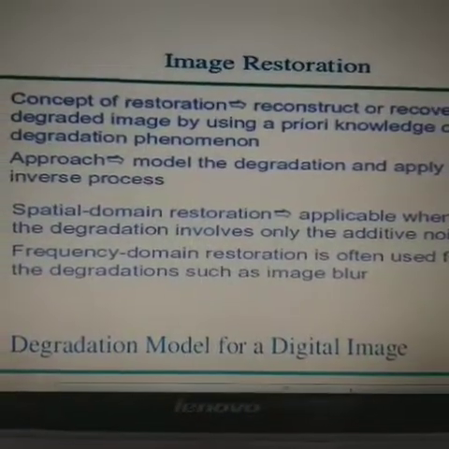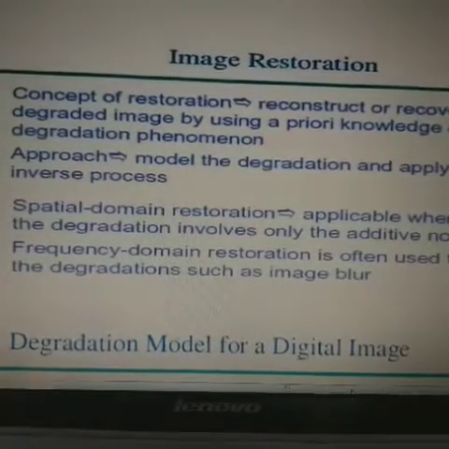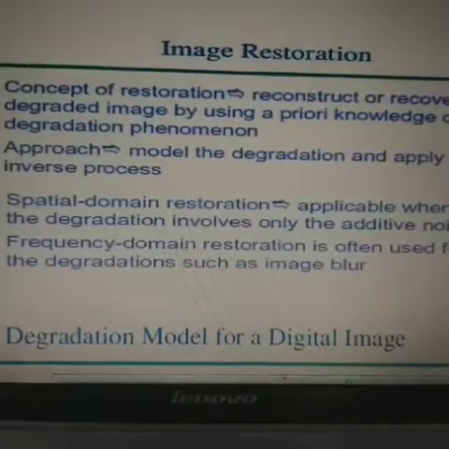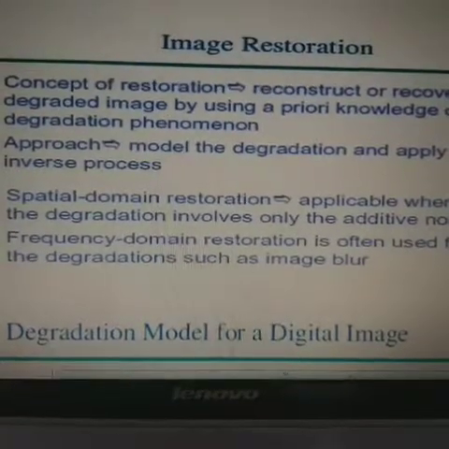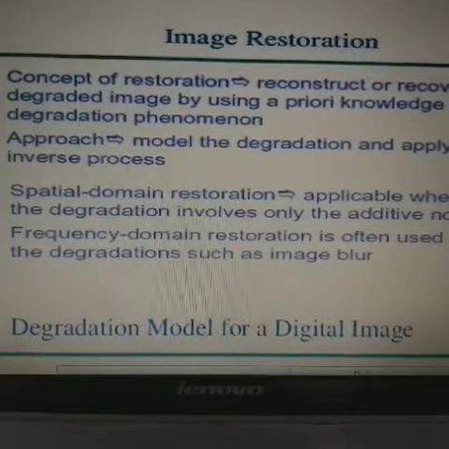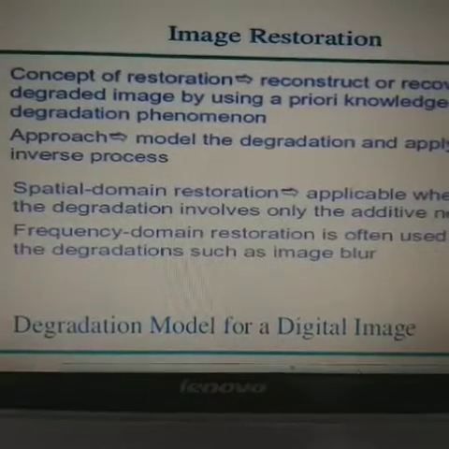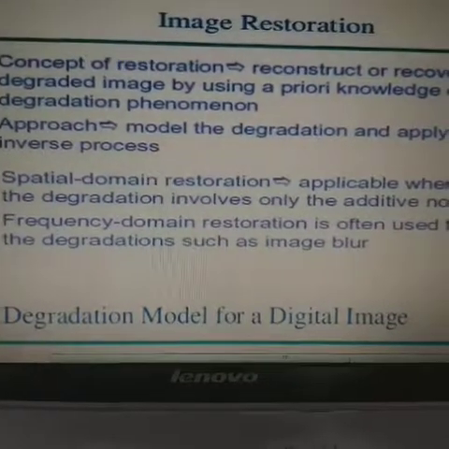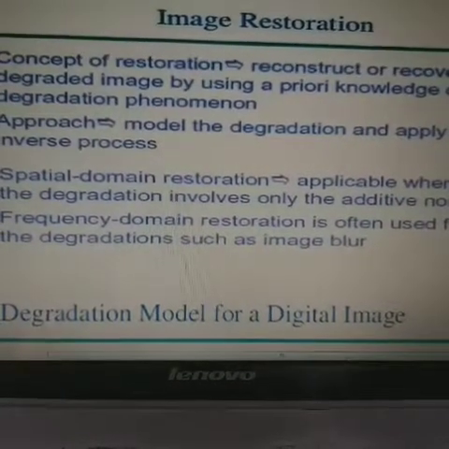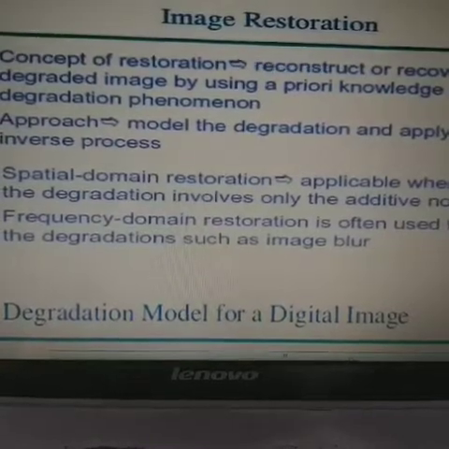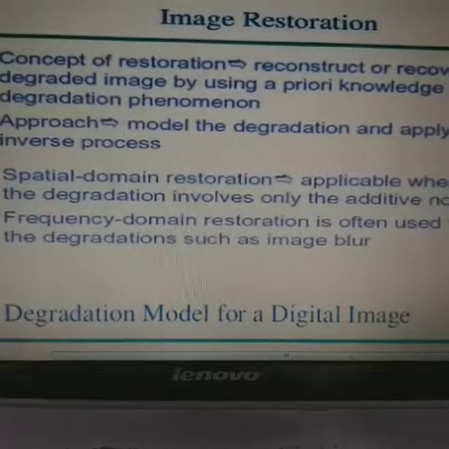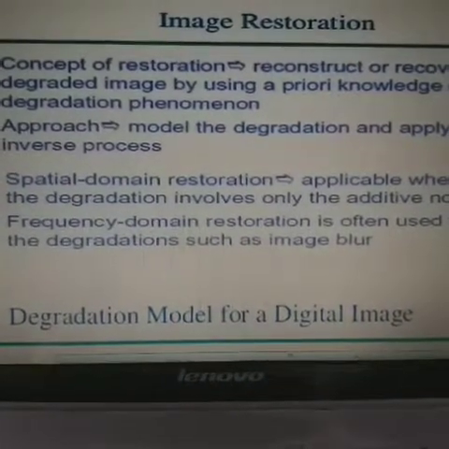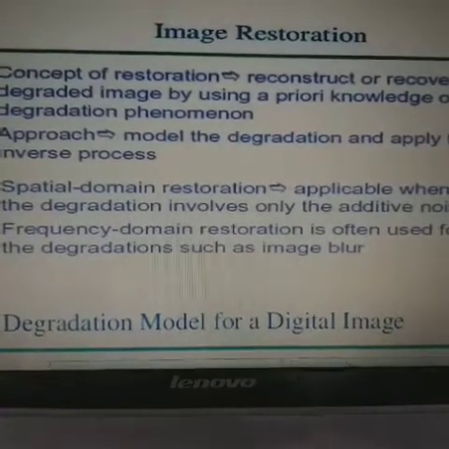What is the meaning of degraded image? A degraded image is any image that has lost its quality due to different reasons. For example, the surrounding area when we are capturing an image, the light effects play a vital role, and also the circumstances, the noise, and the camera quality, so the image quality may be lost.